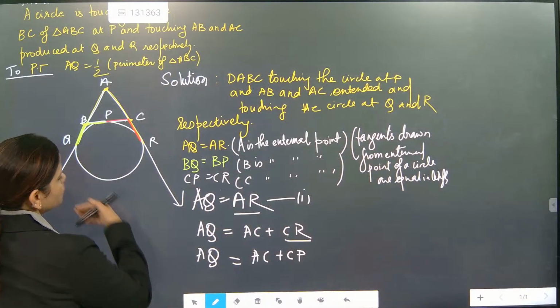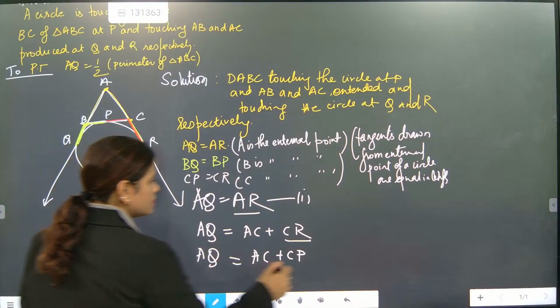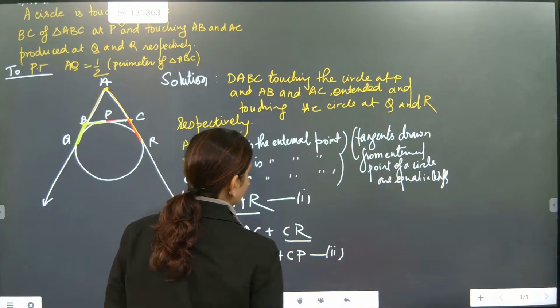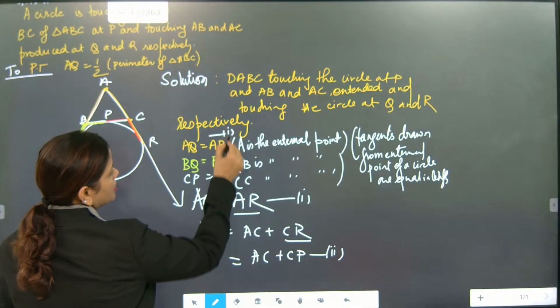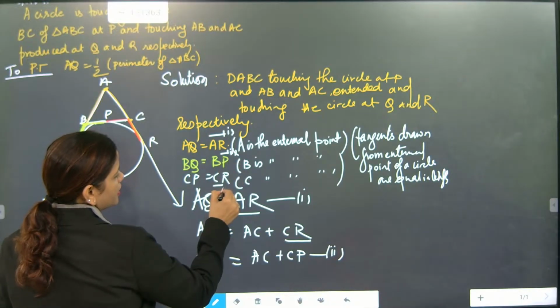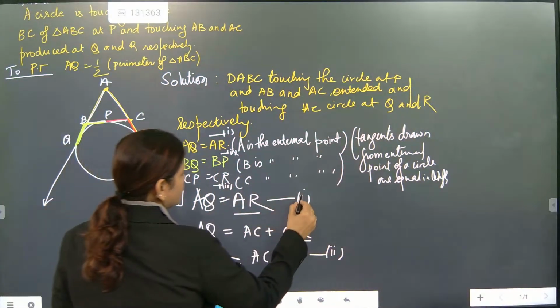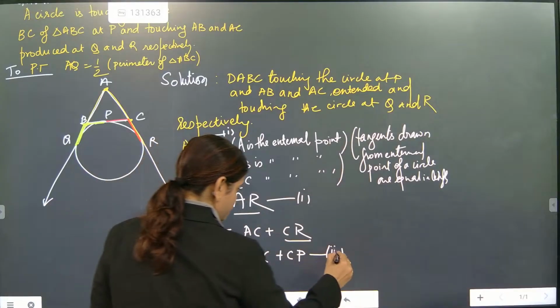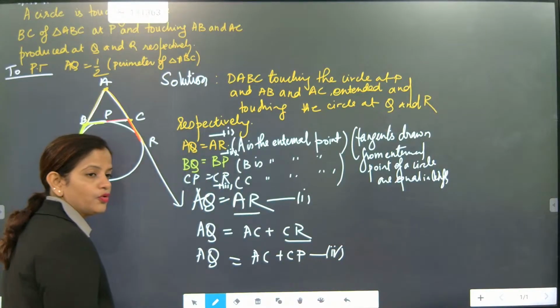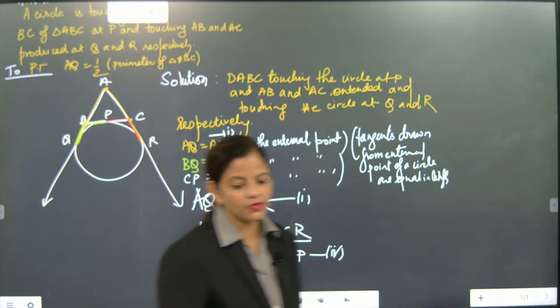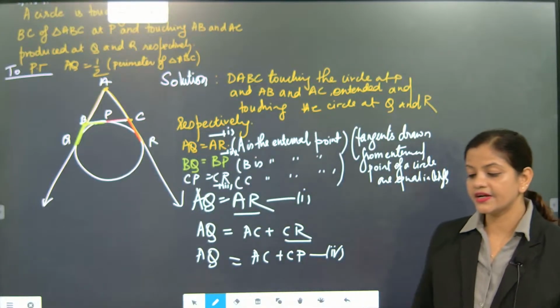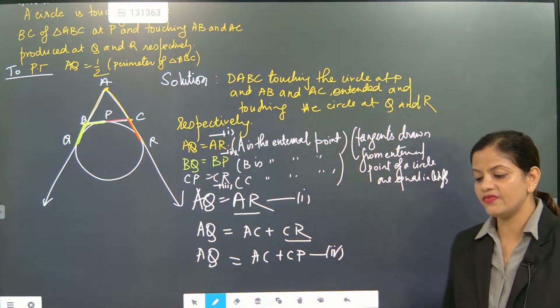Now that side, AQ can be written as, this will become equation 2. And this total we can write as equation 3. Then this is equation 1 and this part will become equation 4. Understood? Where you are generating the connectivity, you have to write things very properly.